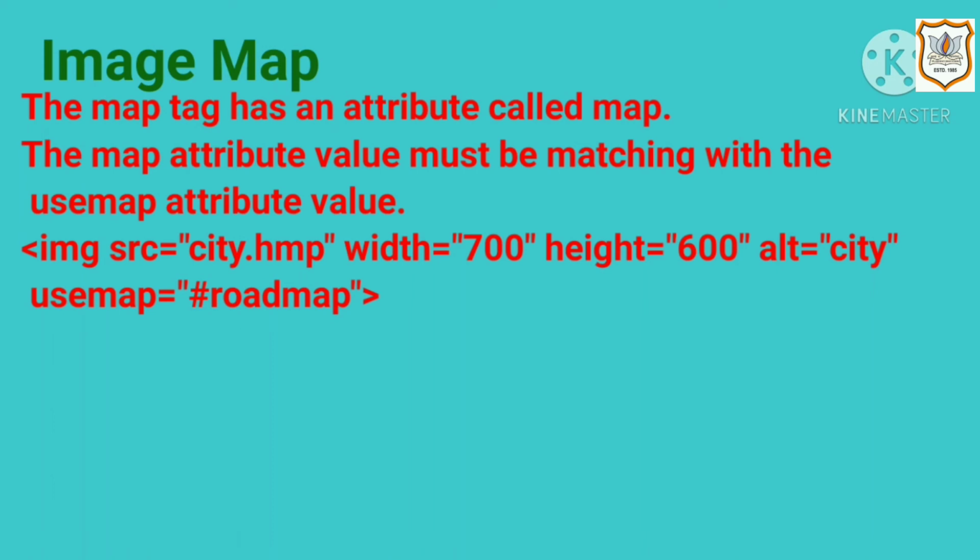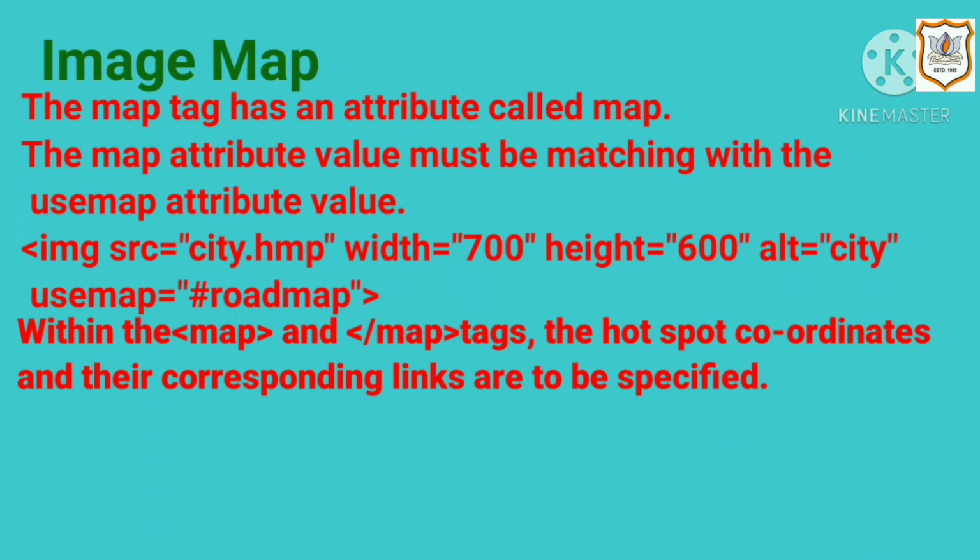Example: img src equal to city.bmp, width equal to 700, height equal to 600, alt equal to city, usemap equal to #roadmap. Here, #roadmap is the name or identifier of usemap.